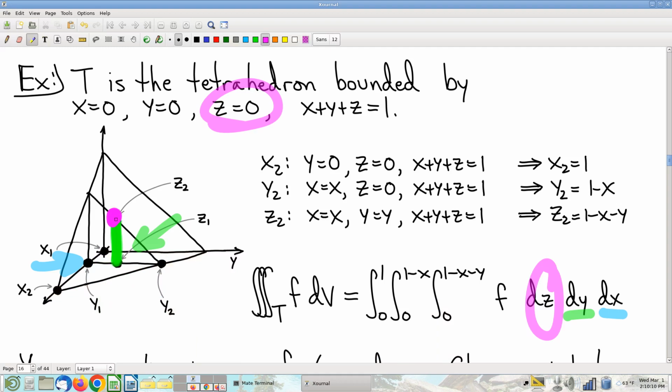The non-trivial one, this upper bound for z, what can I say about that? Well, let's not lose sight of the fact that I already know x and I already know y. Again, they've already been fixed as part of the outside integrals that we're using to develop here. And let's see, what else do I know about this point, aside from the fact that I know x and y already? And again, thank you, picture, which I forgot to erase. That point is on that plane with that equation.